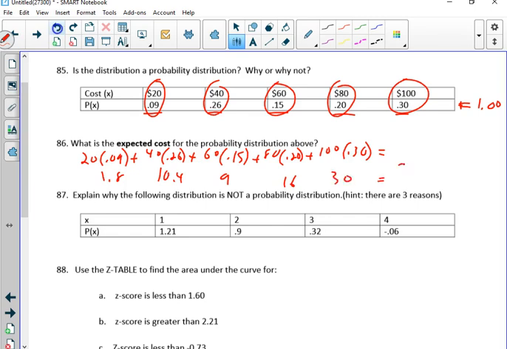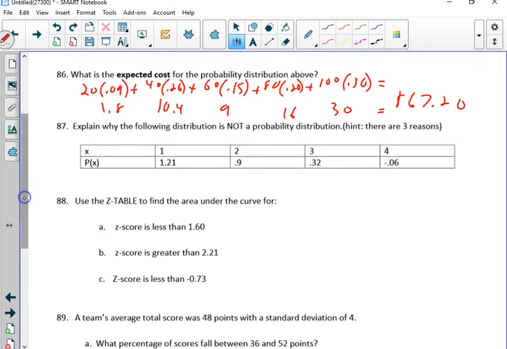If you total those up, you get $67.20. And again, remember, we'll tie that into number 91.